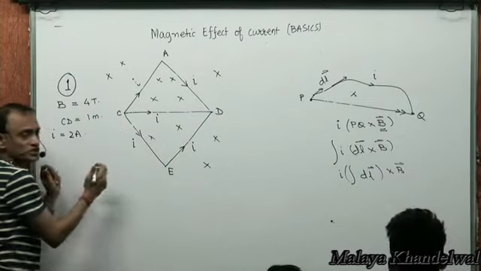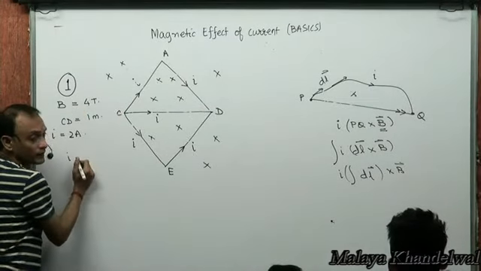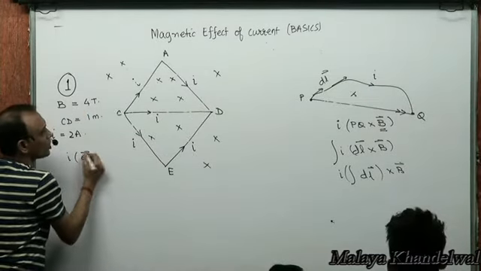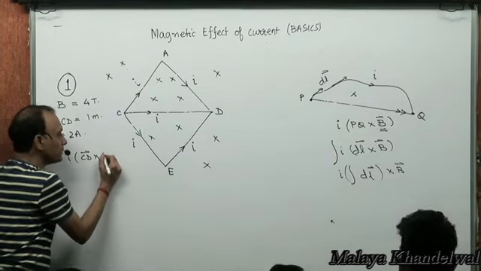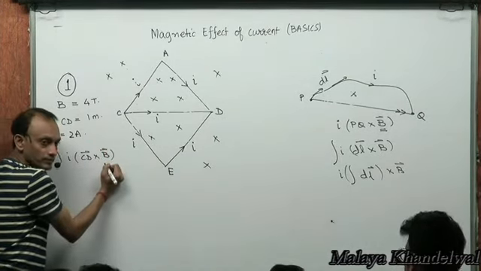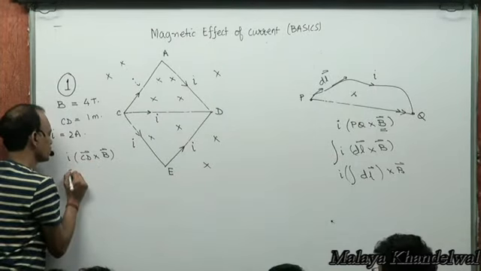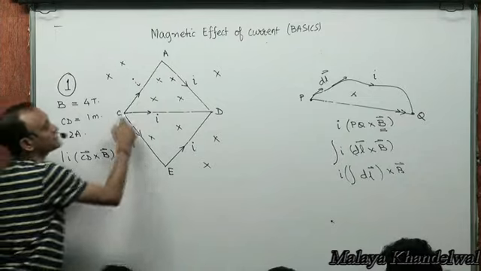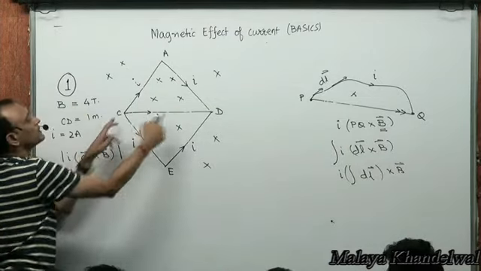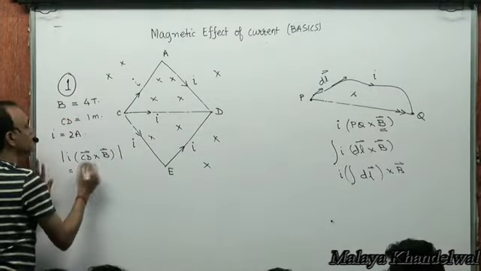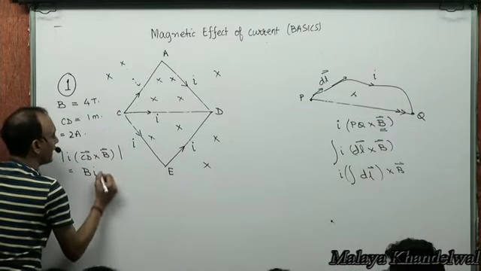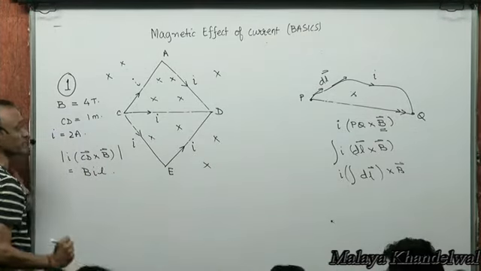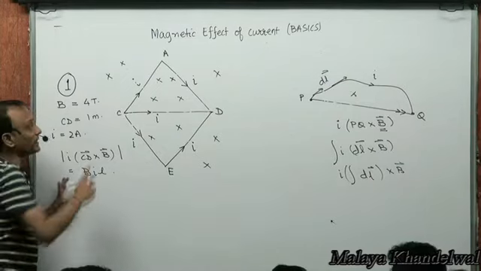Now think of it like this. The force acting on CD is what? I CD cross B. Realize that CD and B are perpendicular, and CD is of length L. So it will be simply BIL. BIL is the force acting on CD. And how does it act?